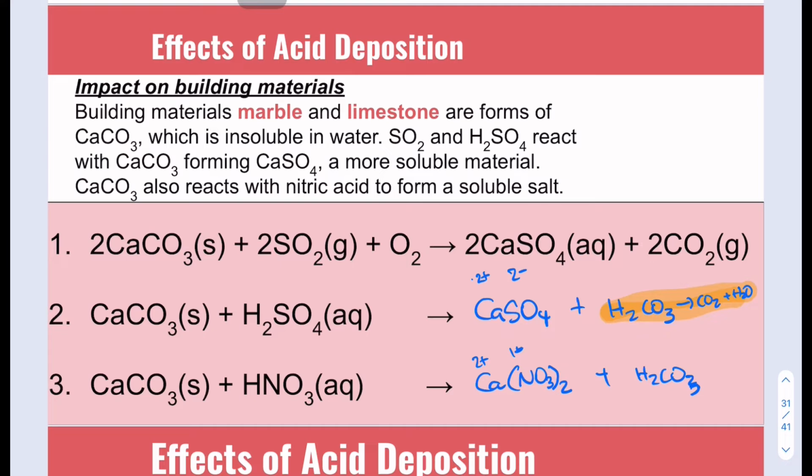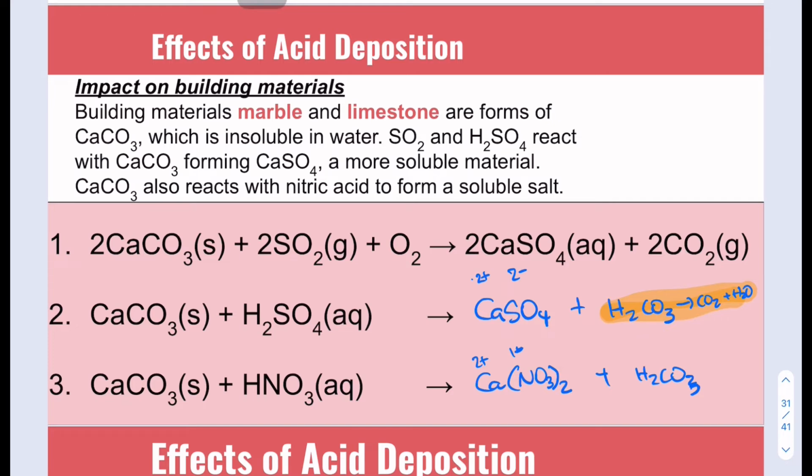Carbonic acid at room temperature and pressure or higher dissociates into carbon dioxide and water. So if you had this situation happening on a regular day, maybe a summer day, and the temperatures are more than 25 degrees, then you just have calcium sulfate because the carbonic acid would turn into carbon dioxide and water.